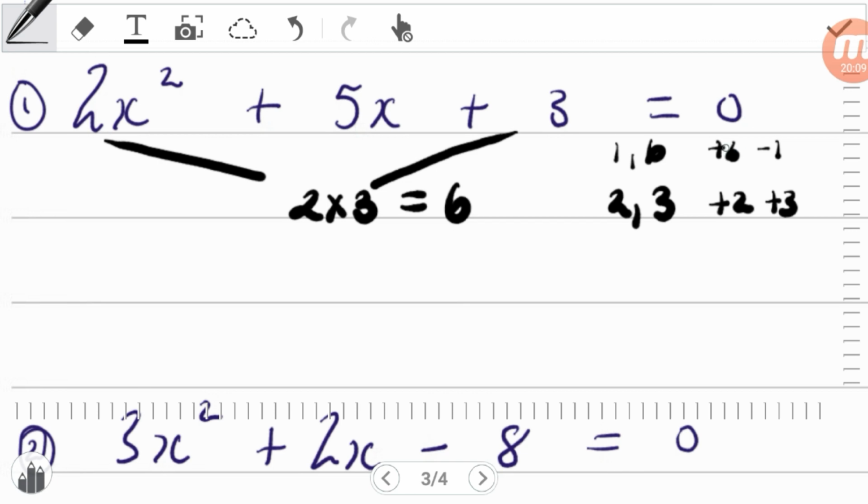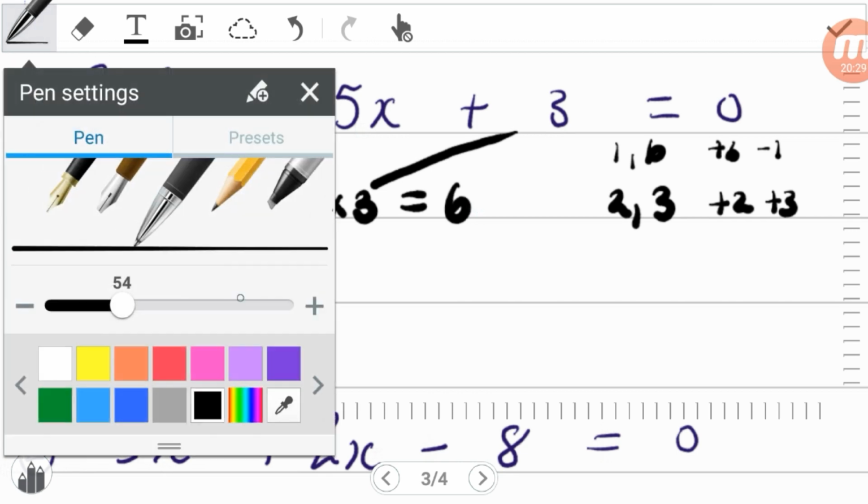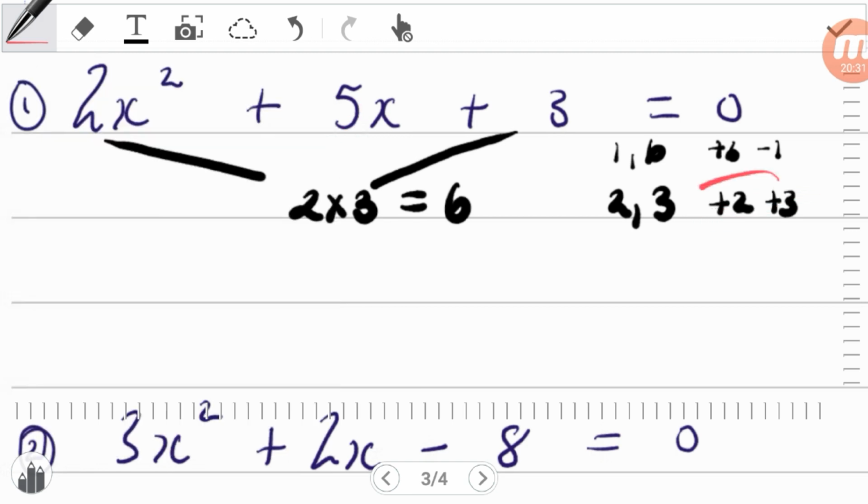Now if you look carefully, 6 multiplied by negative 1 will give negative 6. But 2 multiplied by positive 3 will give positive 6. So positive 2 and positive 3 produce the middle term, and they also produce the product of A and C. So therefore my selected factors here are going to be 2 and 3.